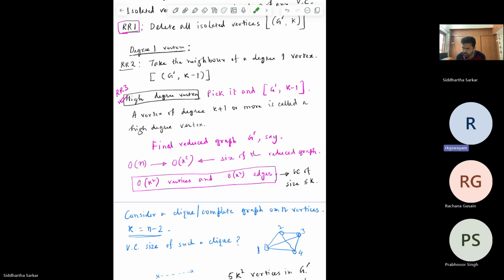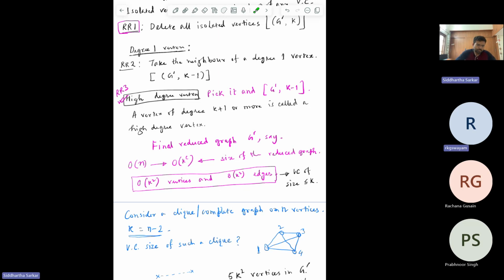The only thing is that now those edges have been marked by something, and those edges won't be considered anymore. So this does not affect the degrees of the other vertices. My point is that the degrees of the other vertices after including this high degree vertex as part of the vertex cover should not be changed.